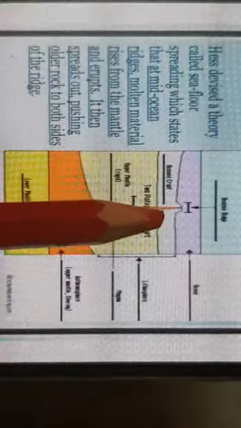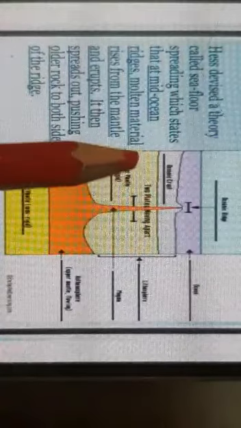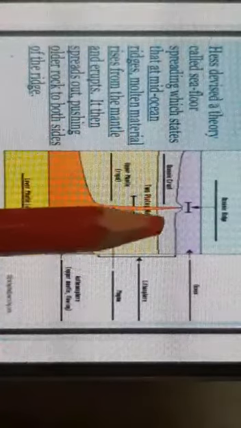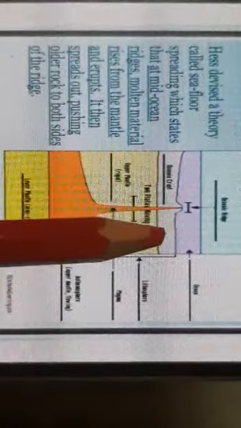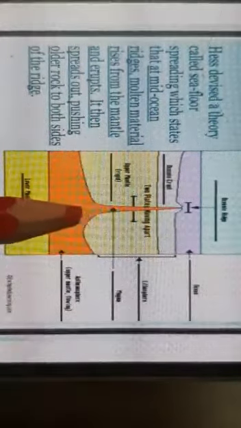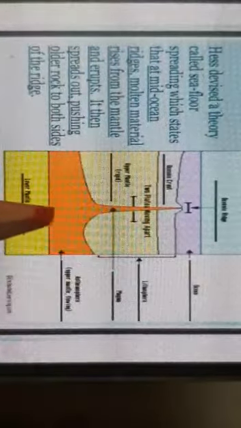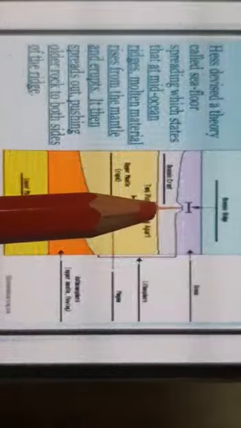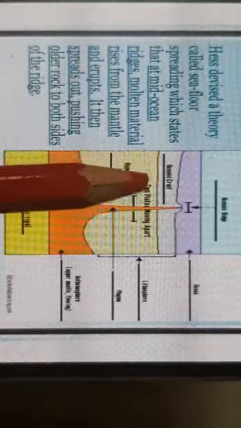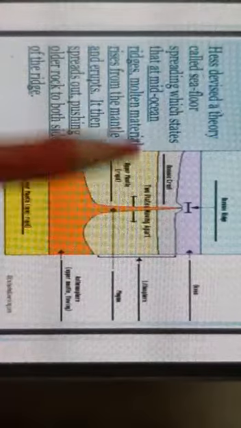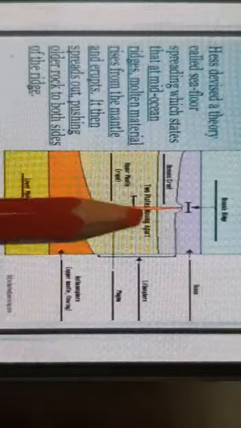The new material pushes the old material, and on both sides there is formation of new material. This process continues: the new material comes out and pushes the old material, and the old material moves apart from the central area.